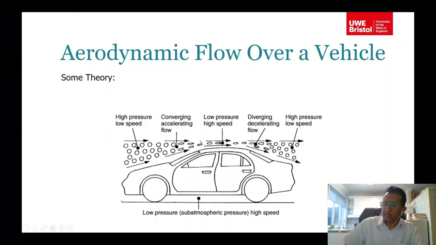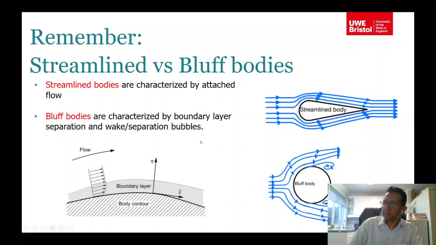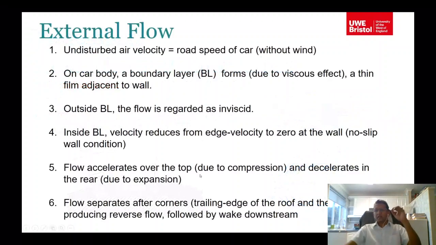It's low pressure here. So the flow separates at corners and at the back. Flow separation means there will be reverse flow. If you have reverse flow, there is a wake downstream. Okay, that's a wake.